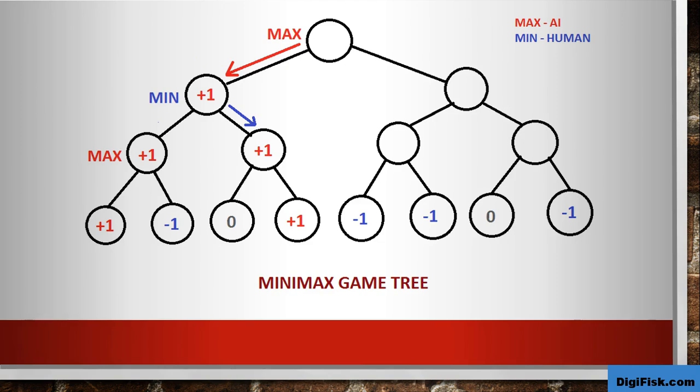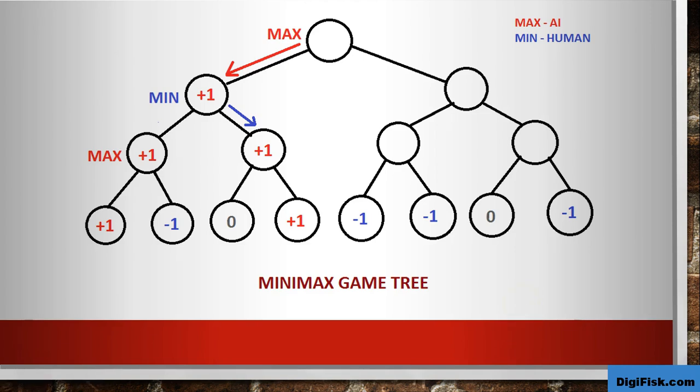Because it needs values in both of the child nodes so that it can choose the maximum value for the AI. That way it will know which is the best choice for it. So that's how it becomes unbeatable. It becomes unbeatable because it leaves no room for error. It leaves no room for losing at all. So it analyzes every possible move and it chooses what's going to make it win for sure.